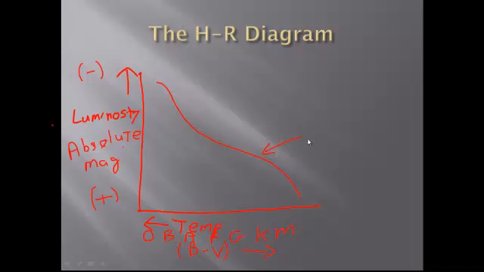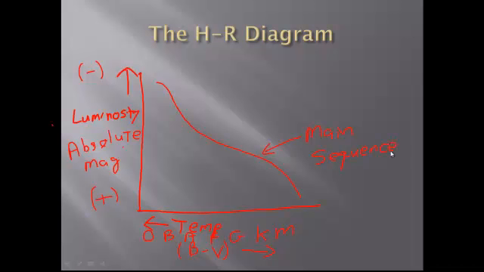This is where most of the stars fall, and we call it the main sequence. And that is where our sun would be right now. Our sun is a G star, and it would be located somewhere right along there on the main sequence.